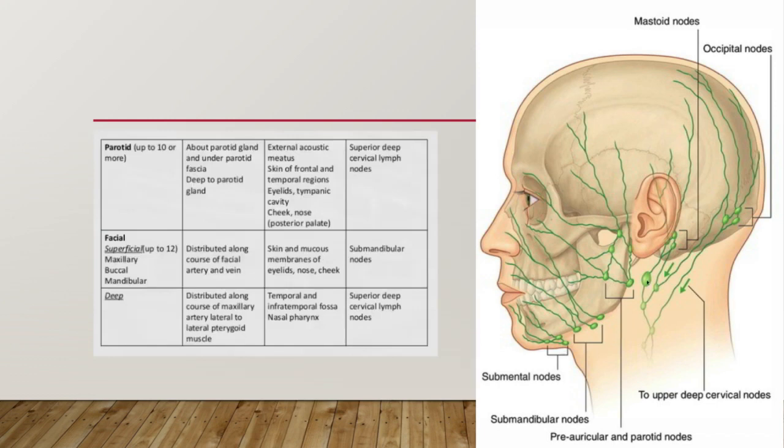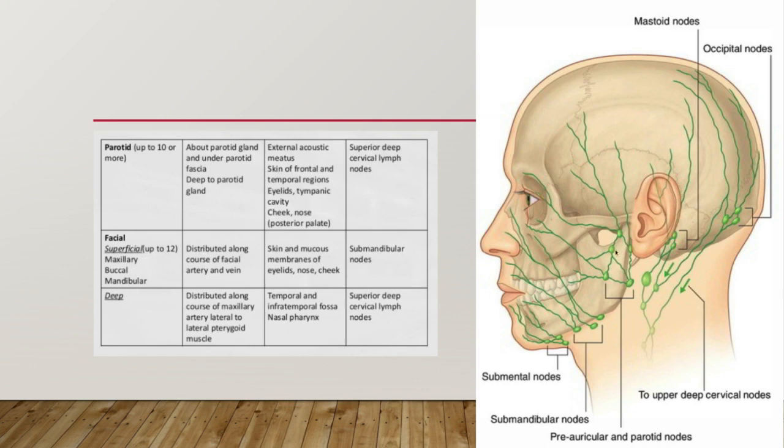Now, coming to the other superficial group of lymph nodes, the parotid group. It can be seen within the substance of the parotid, between the deep and the superficial lobe, under the parotid fascia, or deep to the parotid gland.